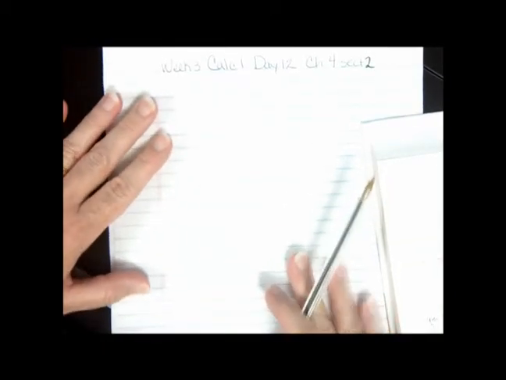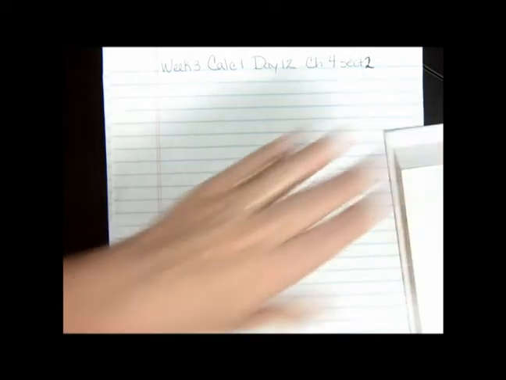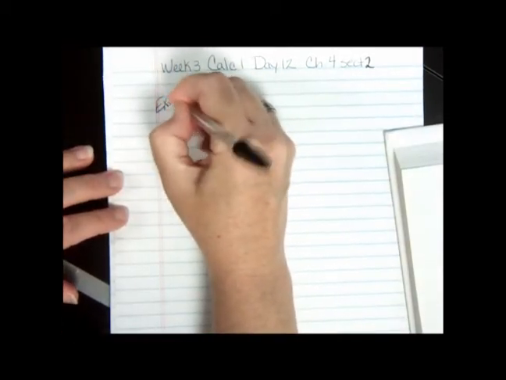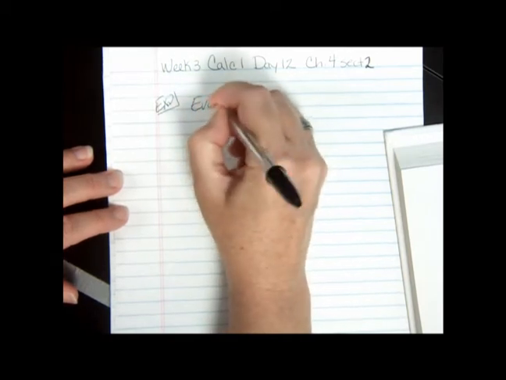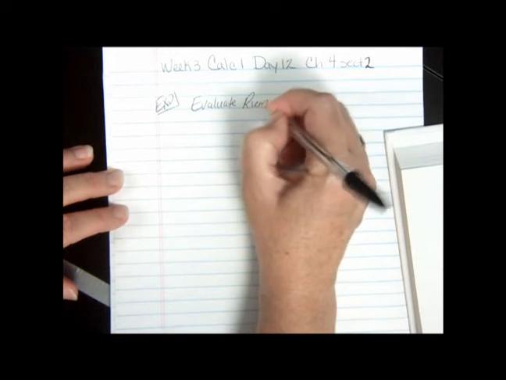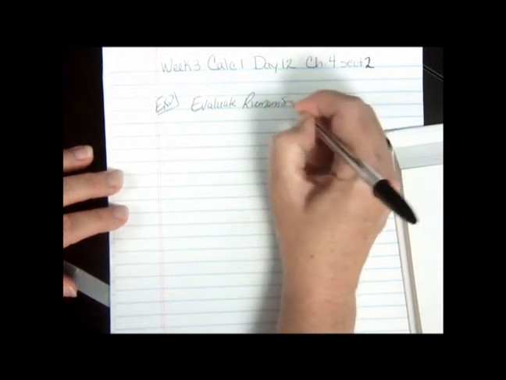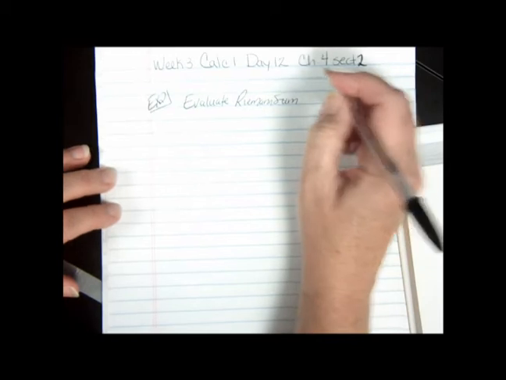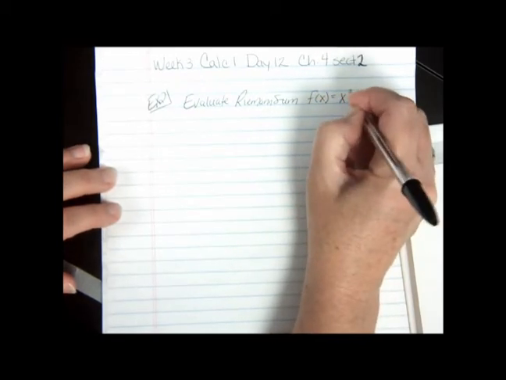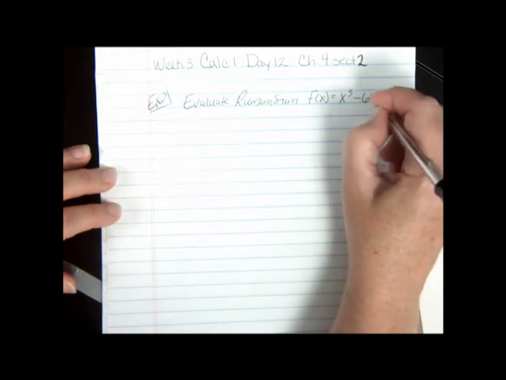Okay, so example 2 says we're going to evaluate the Riemann sum for f of x equals x cubed minus 6x.